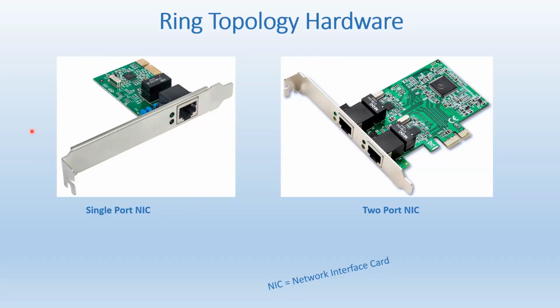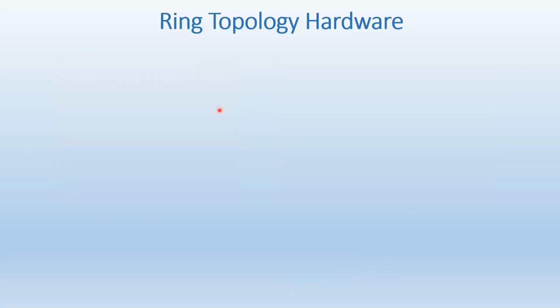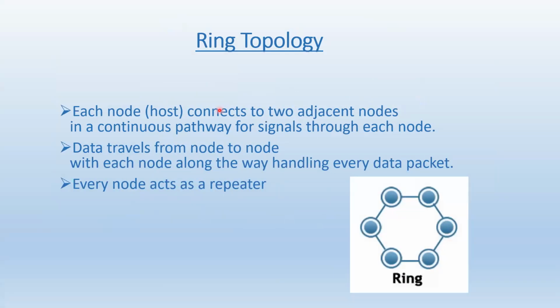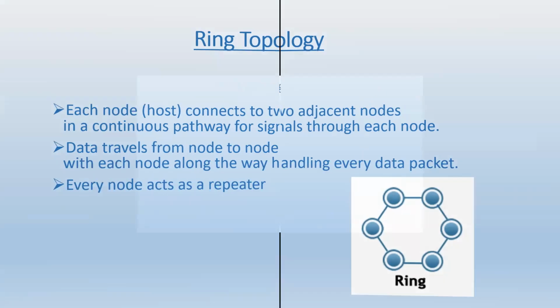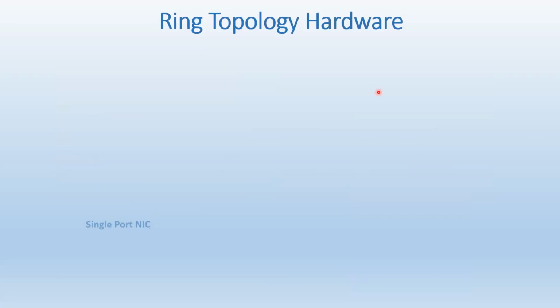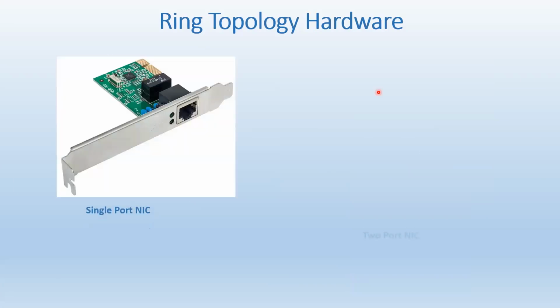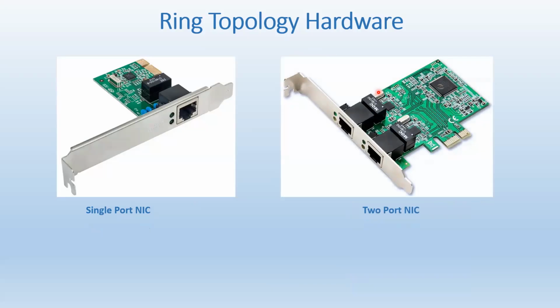All right. So in this case, if we go back, for the most part, would we use the single port or double port network interface card if we want to connect things in the ring topology? Okay, so here's a single port NIC, and there's a double port NIC.